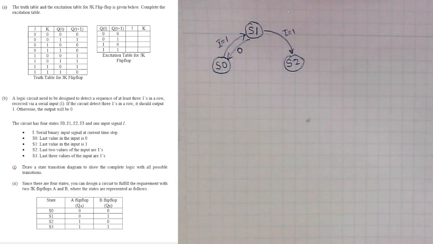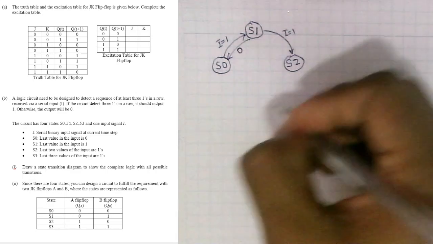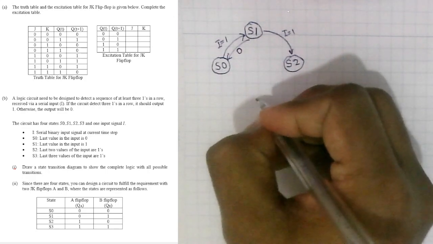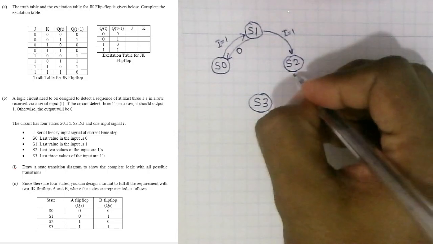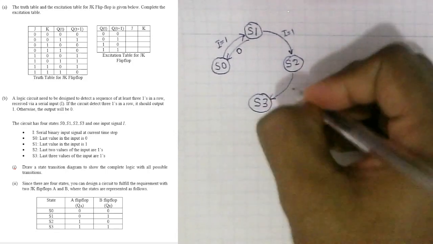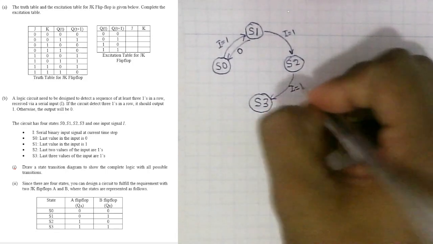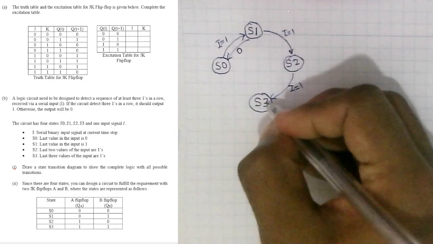From there we can go to another state as well, which is S3, right? We get another 1, I equals 1, then we will be at S3, right?